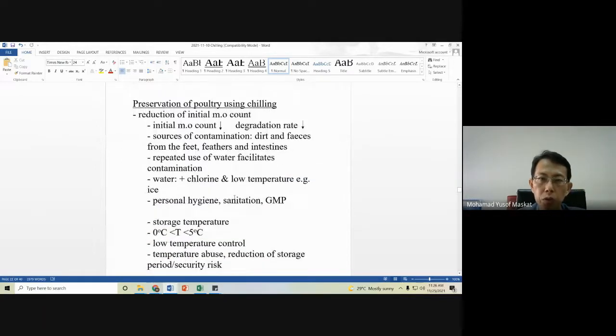Preservation of poultry using chilling. First and foremost, as we have discussed previously, is reduction of initial microbial counts.